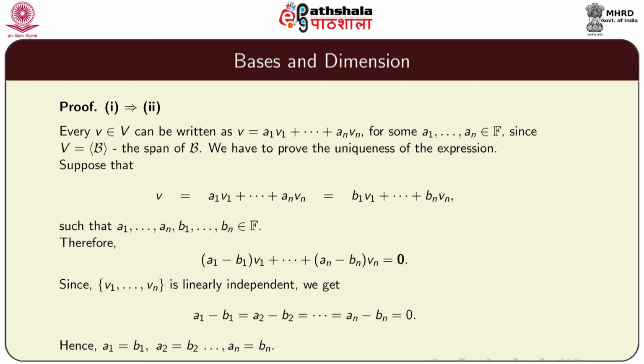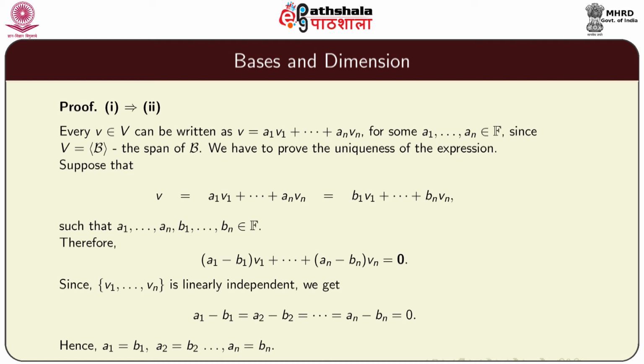So, let us rewrite v is equal to a1 v1, etc., up to an vn is equal to b1 v1, etc., up to bn vn, and we rearrange, which gives rise to (a1 minus b1) into v1 and so on up to (an minus bn) into vn, and that is equal to the 0 vector. But v1, v2, ..., vn is exactly the set B, and it is linearly independent.